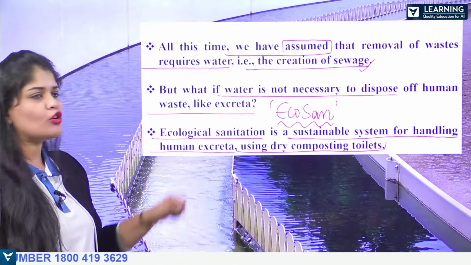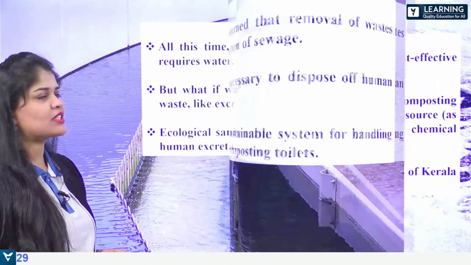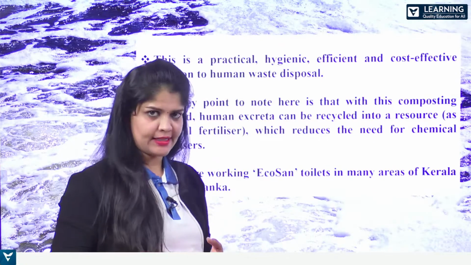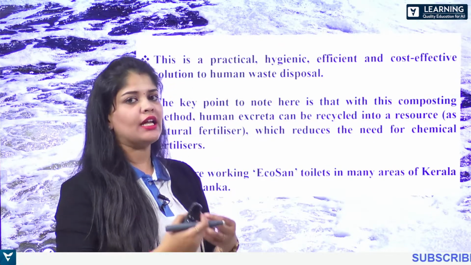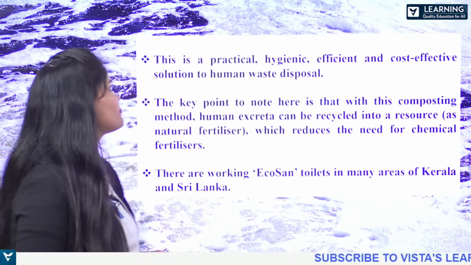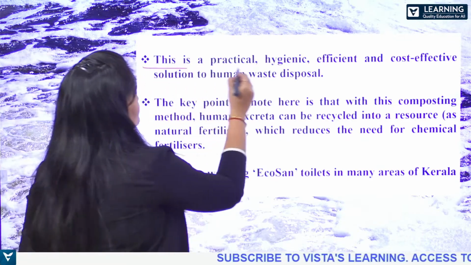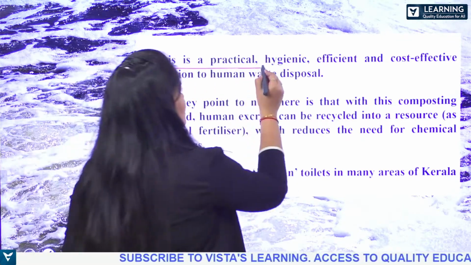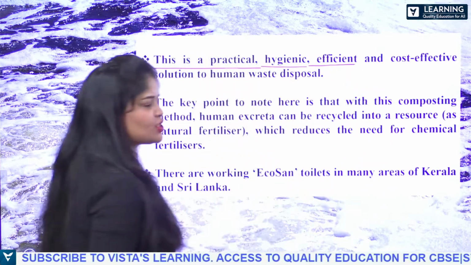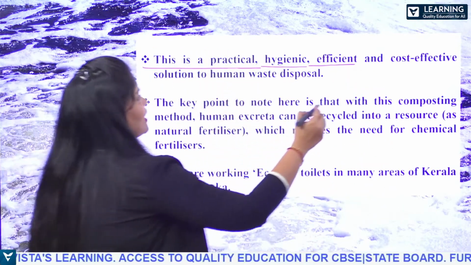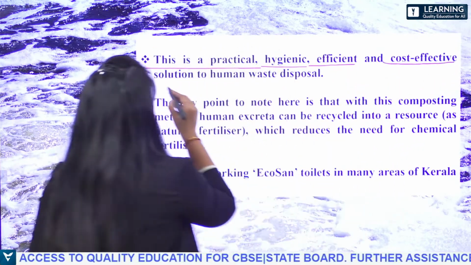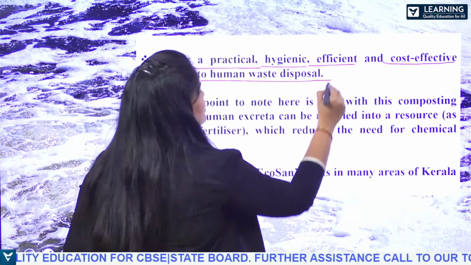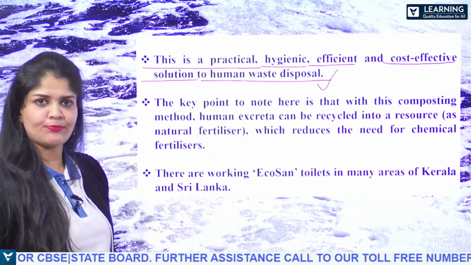So here, let's know something about ecological sanitation. Ecological sanitation, in short, we call it eco-san. It is a practice offering a hygienic, efficient, cost-effective and economical solution for human waste disposal.